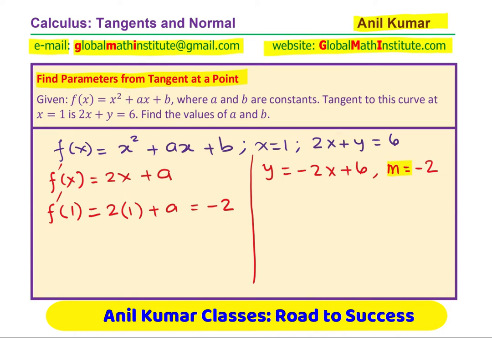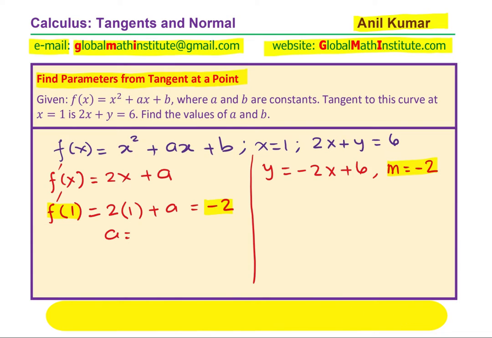So connecting the slope with the first derivative gives us one of the two equations. Now, there are two unknowns. From here you can always find what a is, right? So let's find a straight away. So a equals minus 2 minus 2, and that is minus 4. So we got one value.